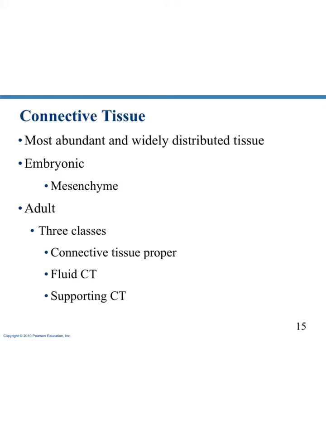It can be anything from bone to blood. All connective tissue is going to be derived from the embryonic connective tissue, which we refer to as mesenchyme. So as the embryo continues to grow and develop, the mesenchyme will start to differentiate into the 3 different classes of connective tissue that we still see in the adult.